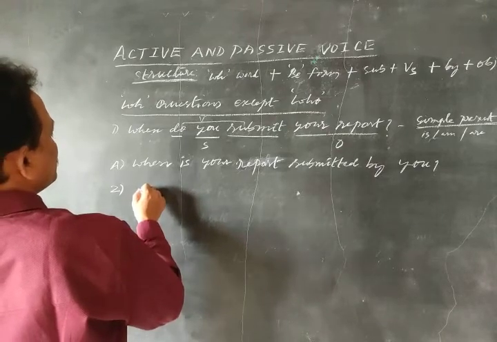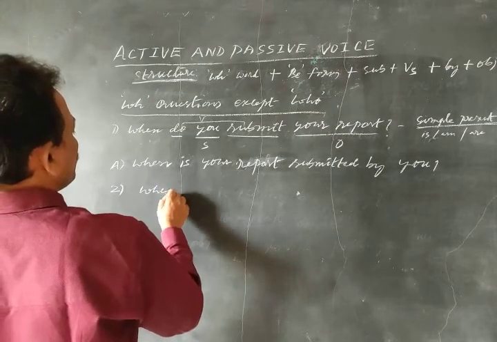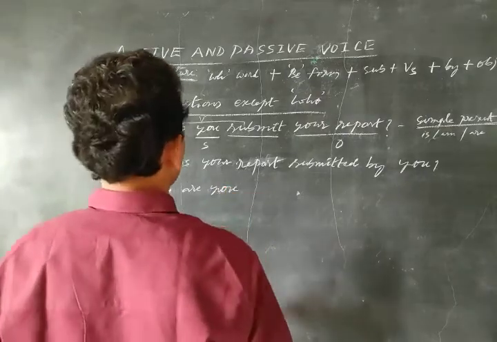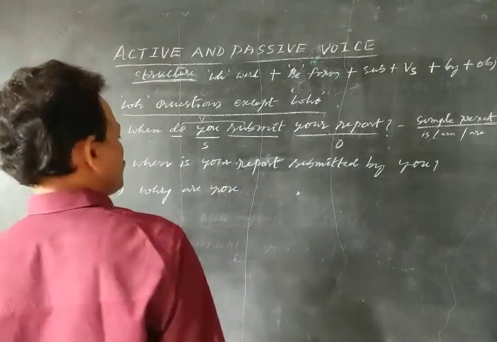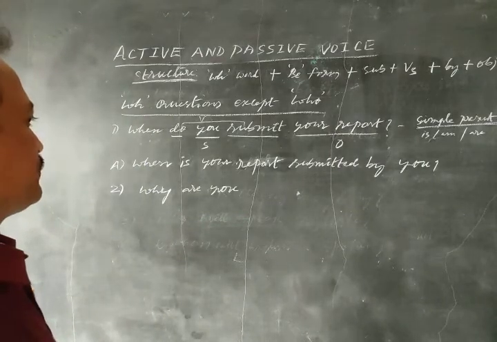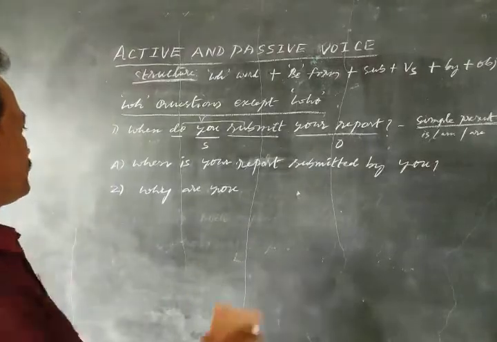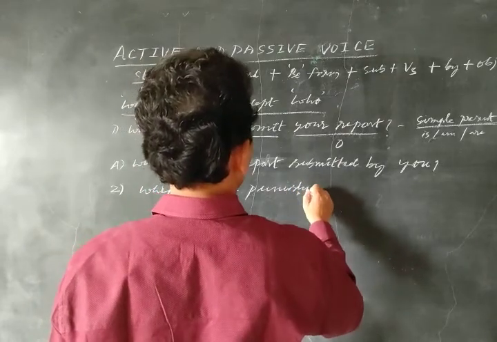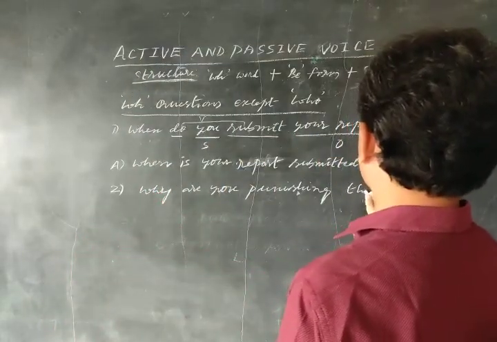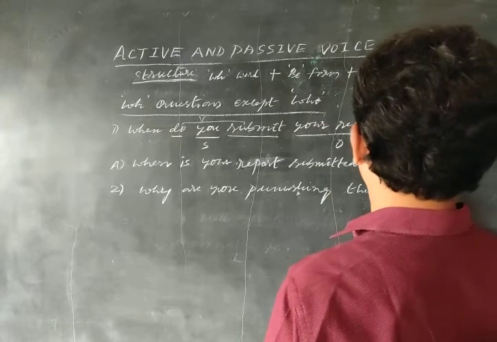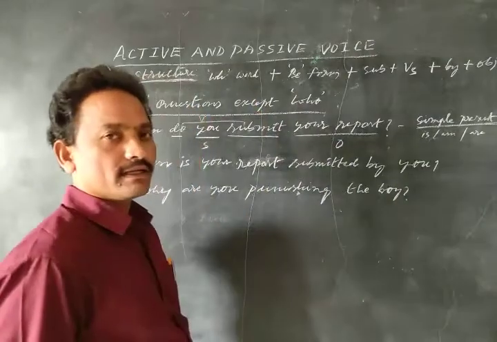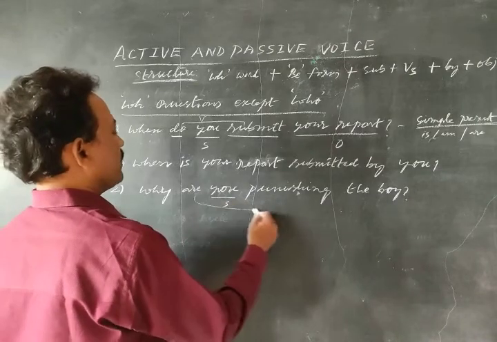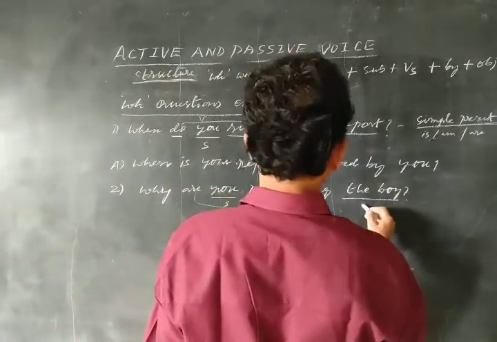Why are you punishing the boy? Okay, this sentence is: subject you, are punishing the boy, object.